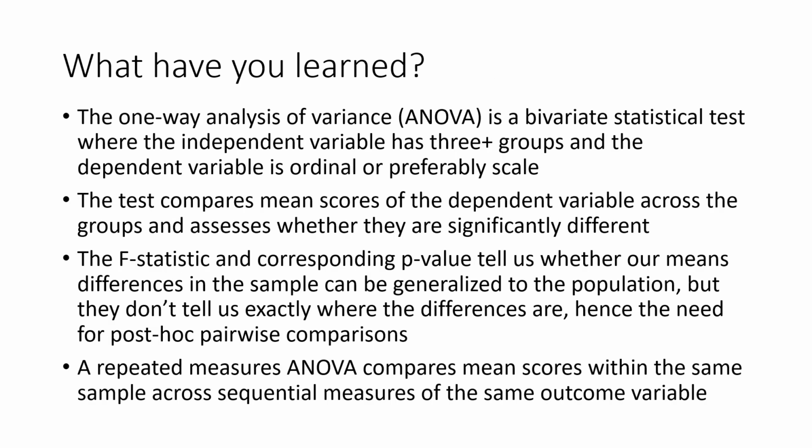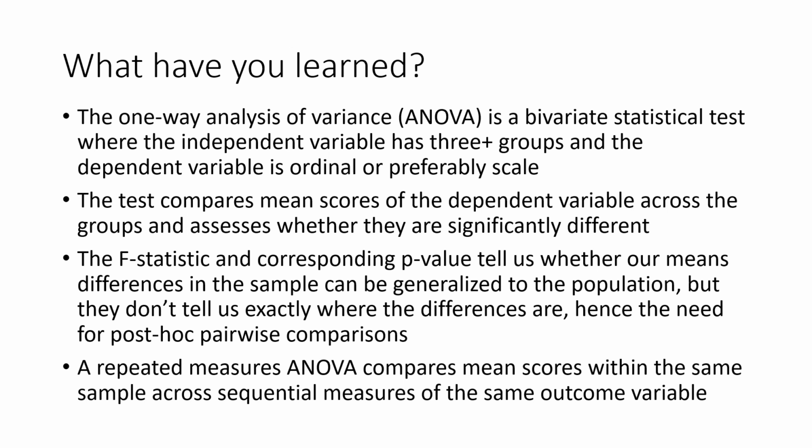All right, so let's summarize what you've learned so far in chapter 6 of this book. We looked at the one-way analysis of variance, also referred to as the ANOVA, and we learned that this is a bivariate statistical test. So we have two variables, x and y.